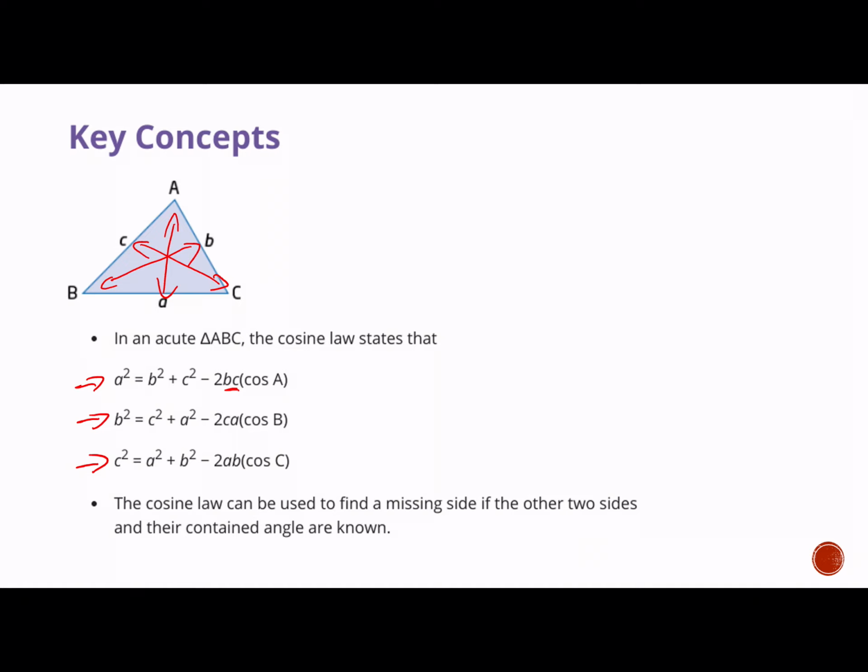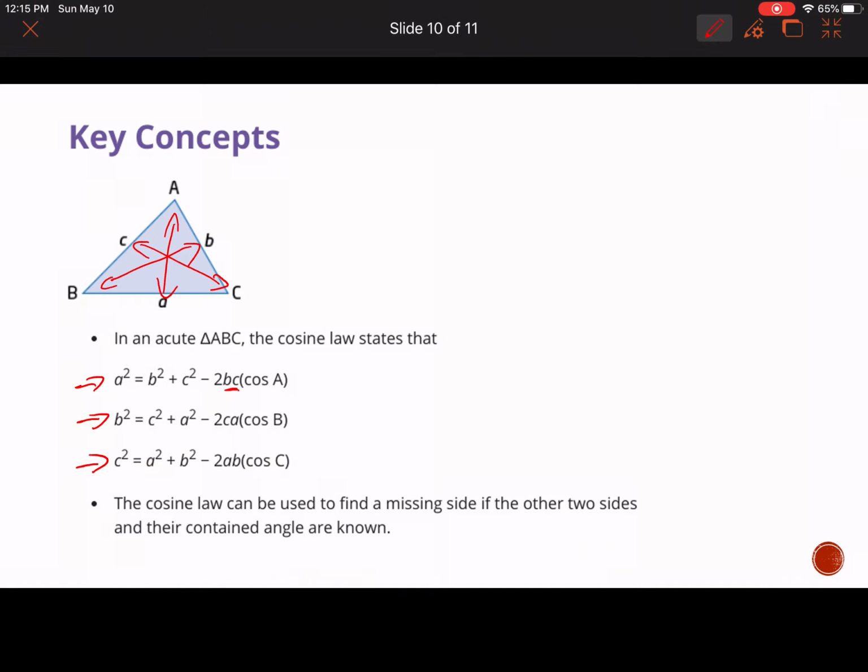Cosine law can be used to find a missing side if the other 2 sides and their contained angle are known. So we need to know the other 2 sides, B and C, and we need to know the opposite angle.